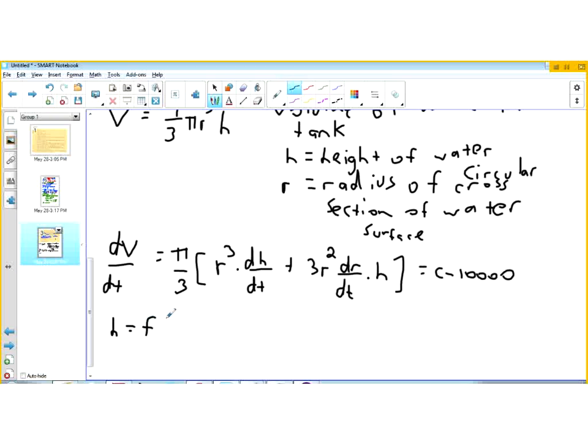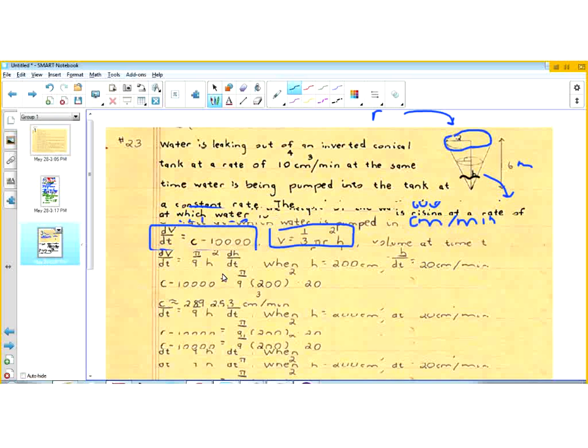In other words, we need to find an expression h as a function of r. So if we can express h as a function of r, then we can replace it here, and then the left-hand side of the equation is only in terms of one variable. Okay, and we'll obviously be able to solve for r. So let's see where that takes us.